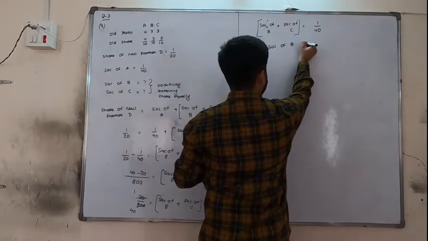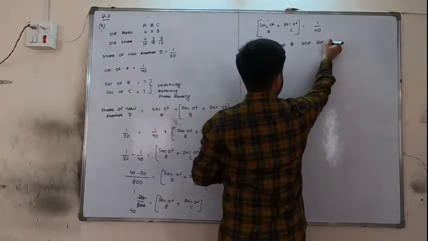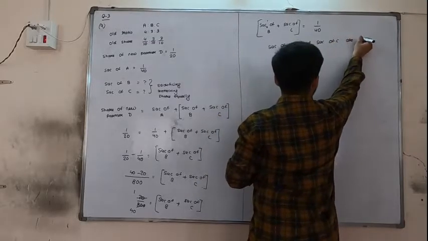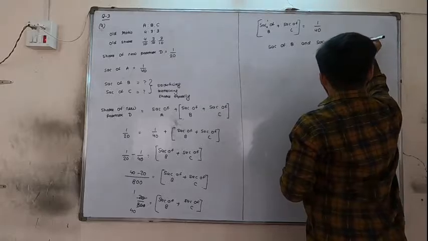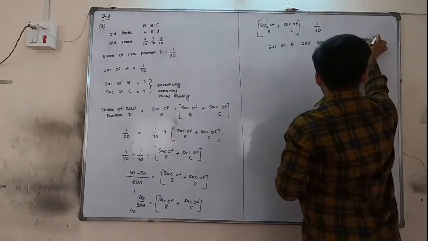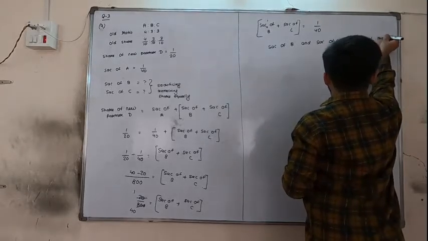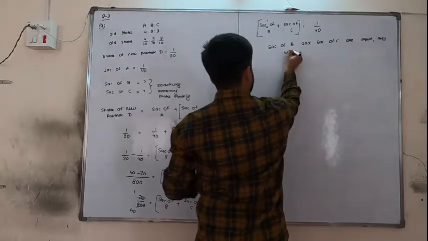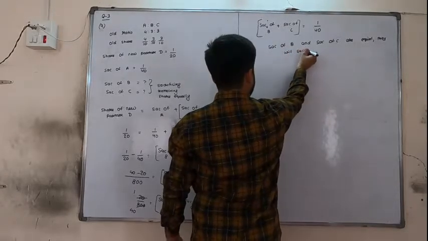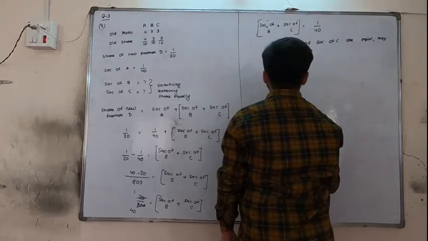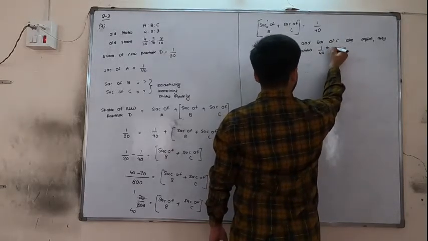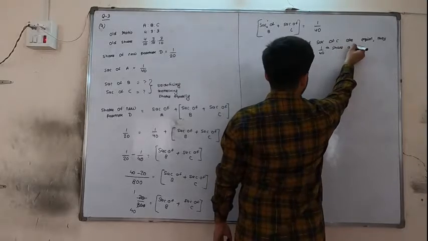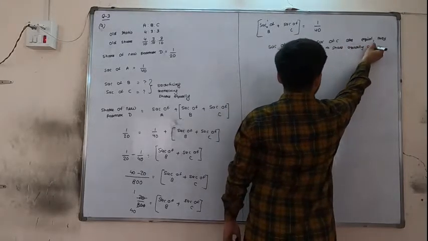Sacrifice of B and sacrifice of C are equal, so they will share the sacrifice of 1 by 40 equally.